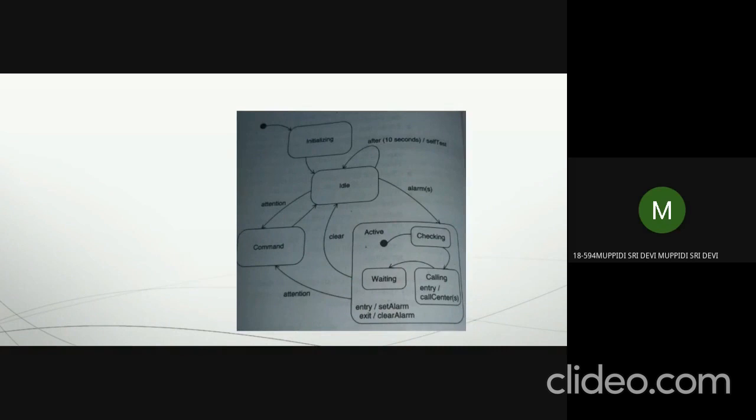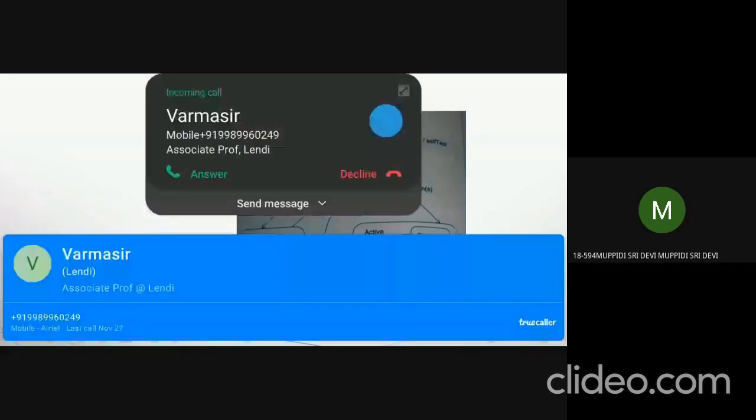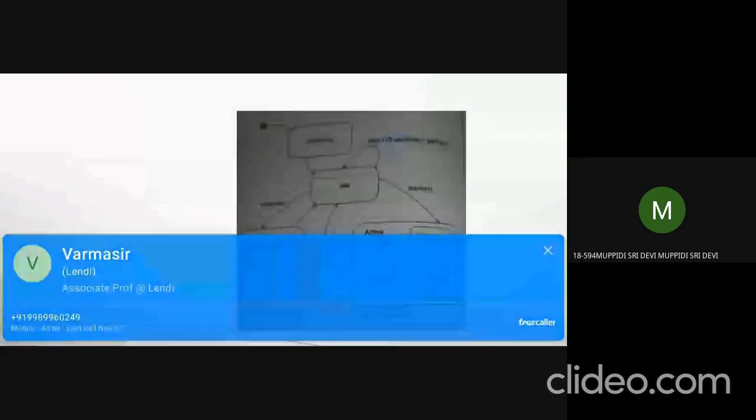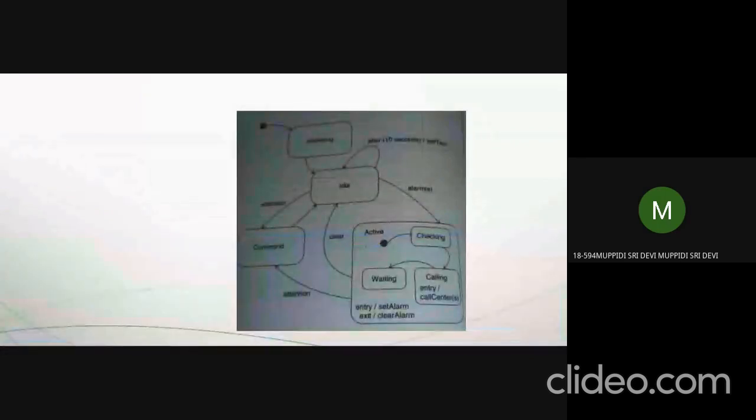After that, we have to set the alarm. After setting the alarm, we have to check whether it is working or not. If it is working, we have to call the call center. After calling the call center, if the task is completed, then it will be in the waiting state.